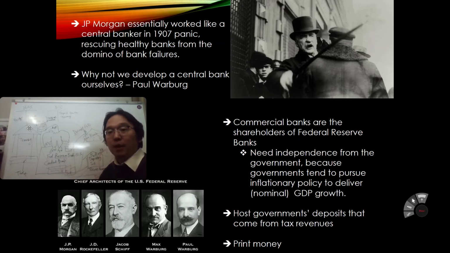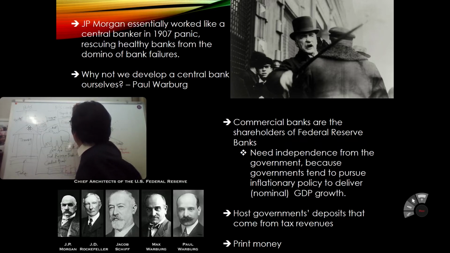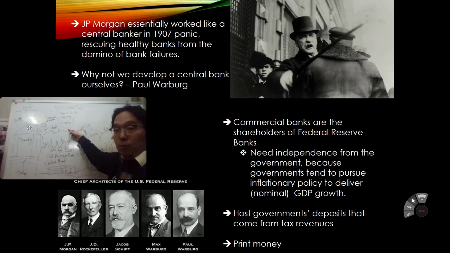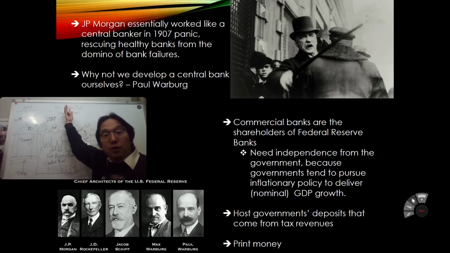The commercial banks will be the shareholders of the central bank. You see, let them be the equity holders on the central bank balance sheet. They chip in a certain amount and become shareholders, and then somehow influence the control of this central bank.